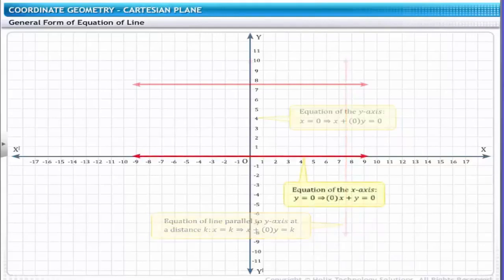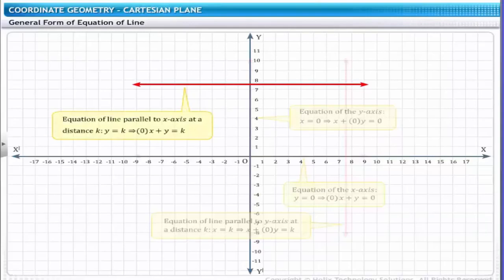The equation of the x-axis, y equals 0, is represented as 0x plus y equals 0. And the equation of a line parallel to the x-axis at a distance k, y equals k, is represented as 0x plus y equals k.